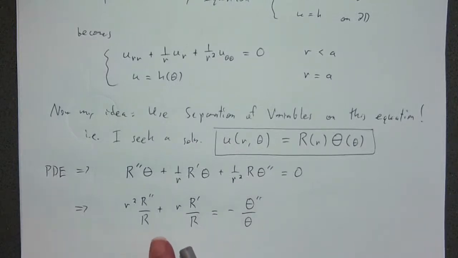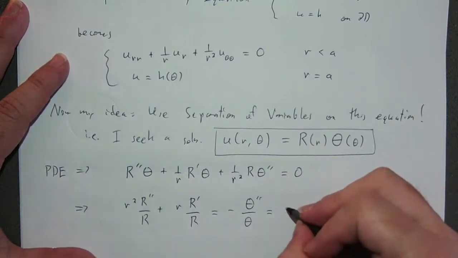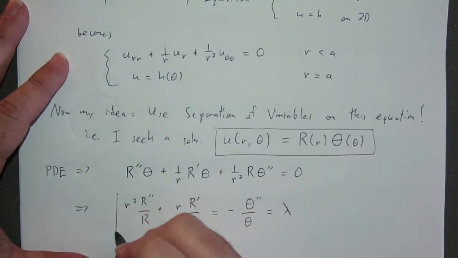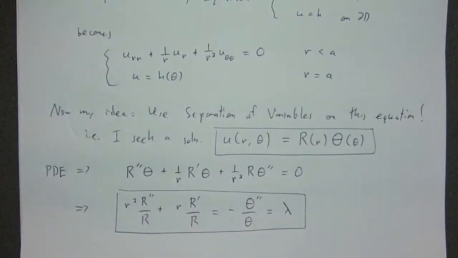On the left-hand side we have something that only depends on r, on the right-hand side something that only depends on theta. And so by the same analysis that we always do, this is equal to some constant lambda.